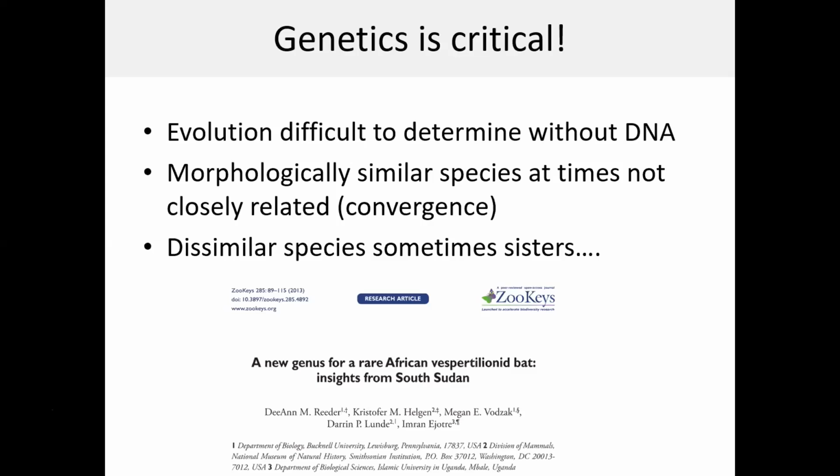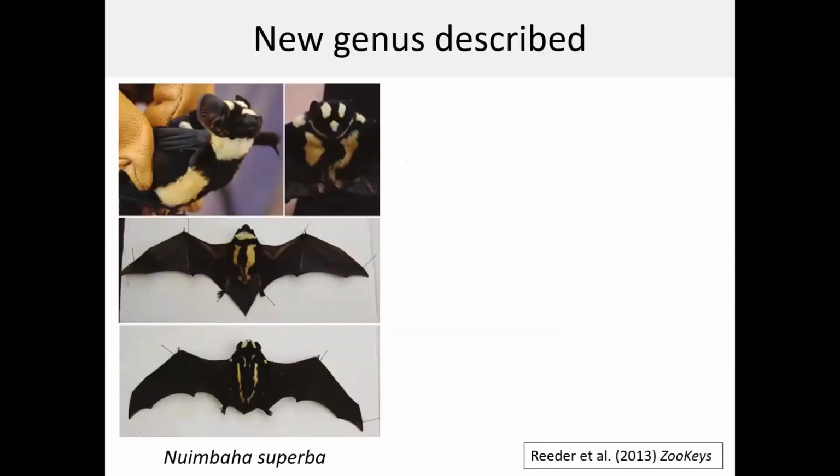So this is a paper published by Deanne Reeder and her colleagues in 2013. What they proposed was that this species that was previously called Glauconycterus superba, and you can see why it is called superba. It is an absolutely beautiful bat, stunning, possibly the most beautiful bat in Africa.